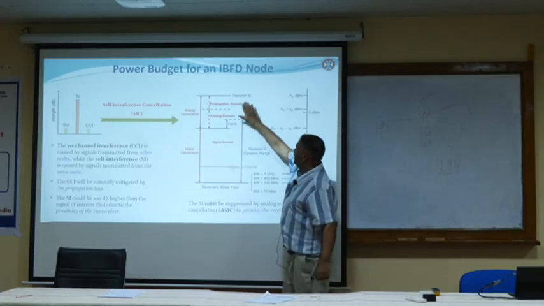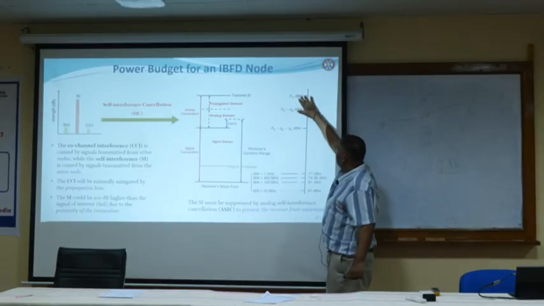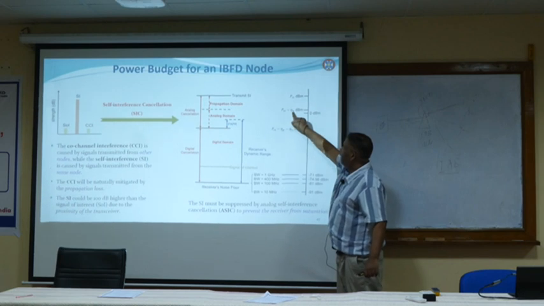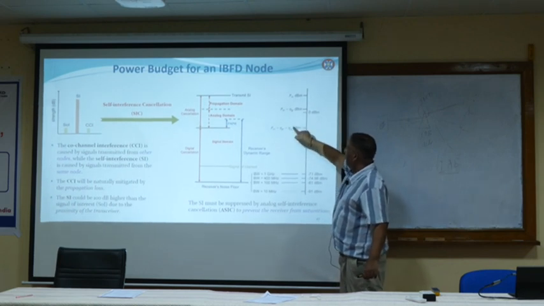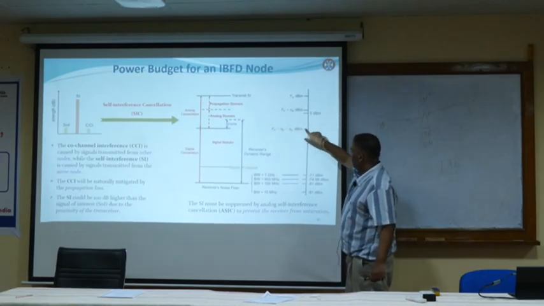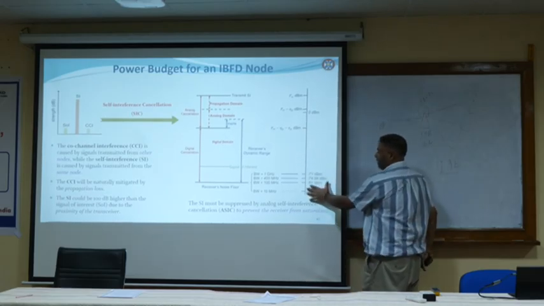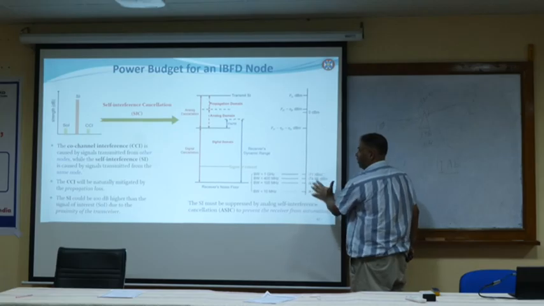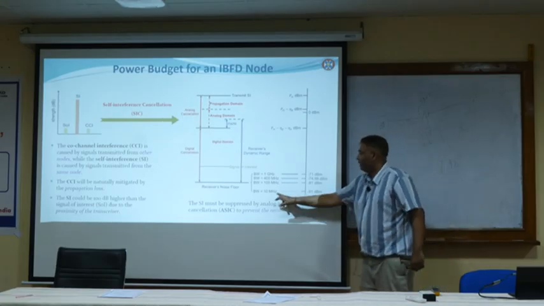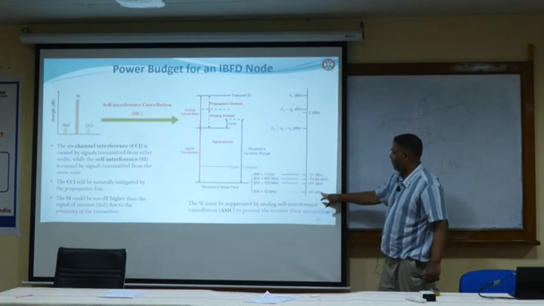So here is the self-interference signal, and this is the signal of interest. This is the self-interference in dB, and this is the self-interference minus propagation domain cancellation. You are here, then you do antenna and analog cancellation, and you are here. Then you need to do digital cancellation. Here I show you some noise floors. The receiver noise floor depends on the bandwidth. If you are using a 10 megahertz channel, your receiver noise floor is -91 dBm.